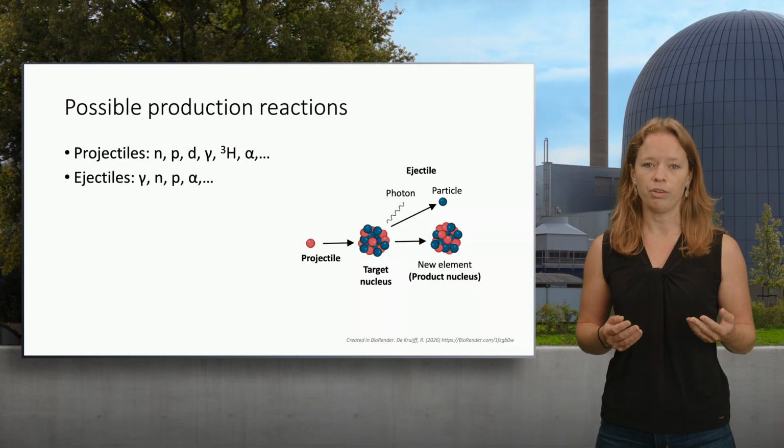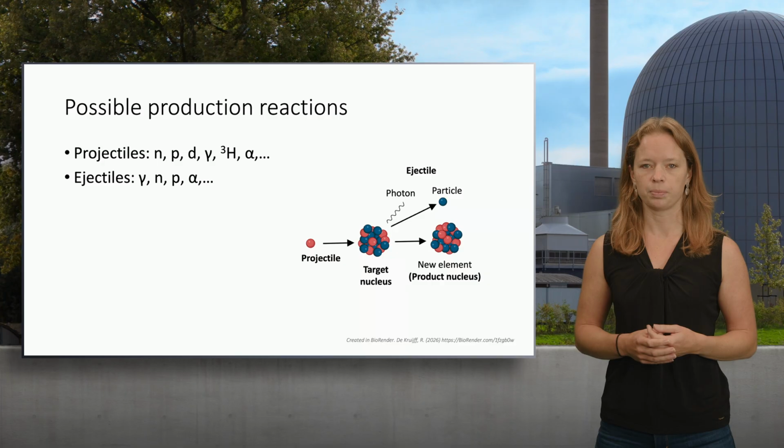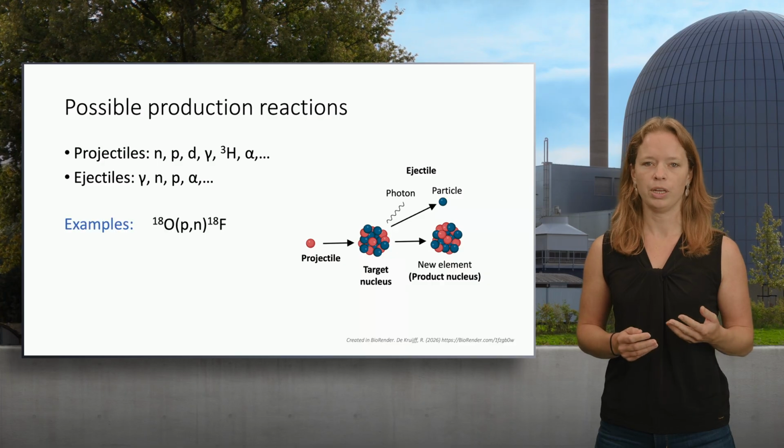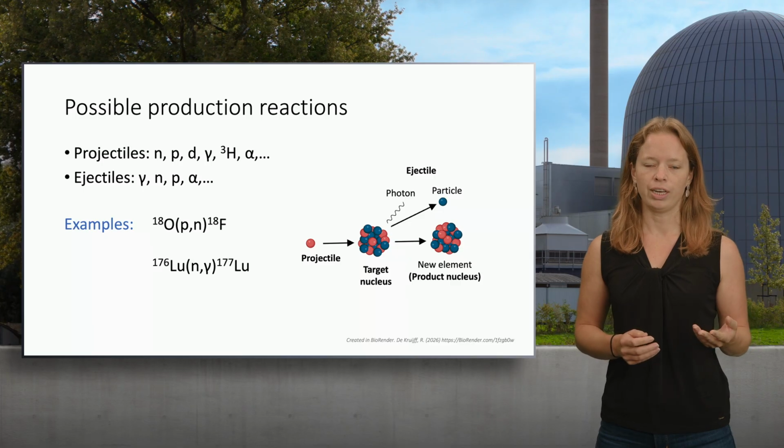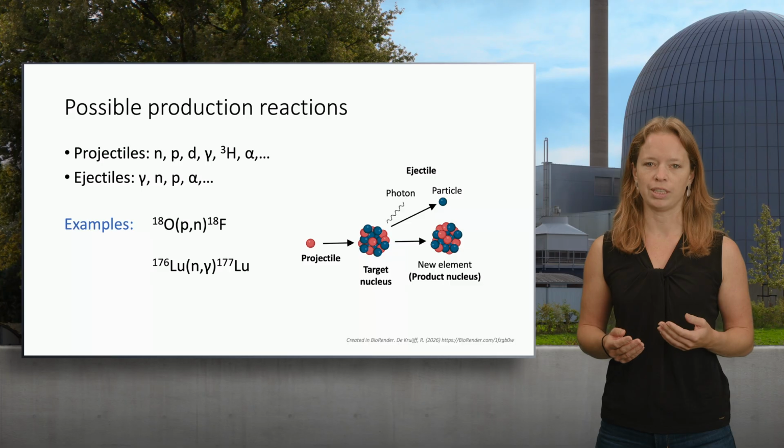Just like there is quite a variety in possible ejectiles. For example, when irradiating an oxygen-18 target with protons, you produce fluor-18, which is an isotope commonly used for medical imaging. And upon neutron irradiation of a lutetium-176 target, you produce lutetium-177 along with the ejection of prompt gamma photons.